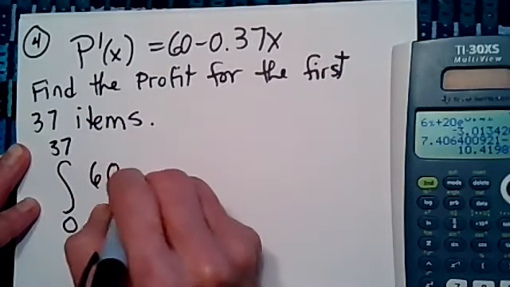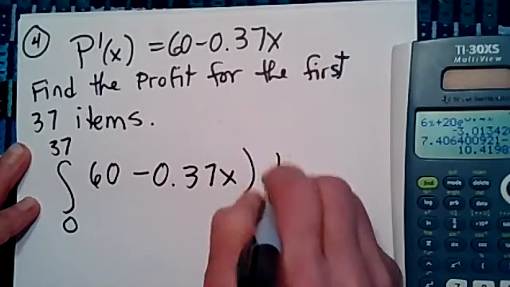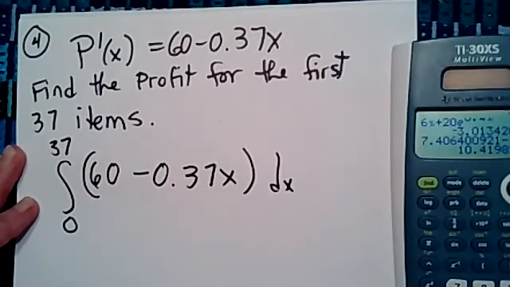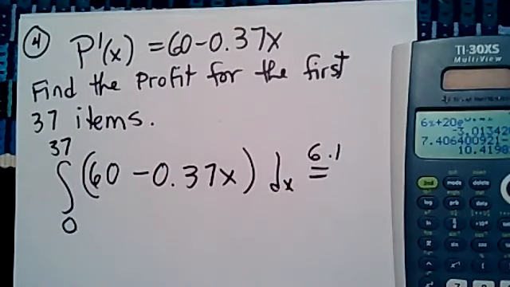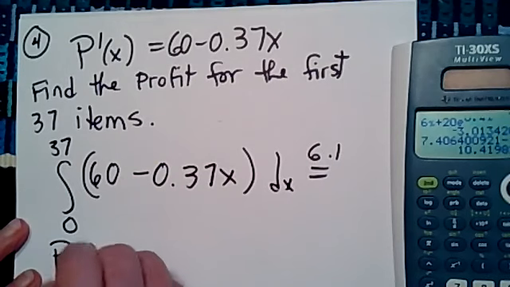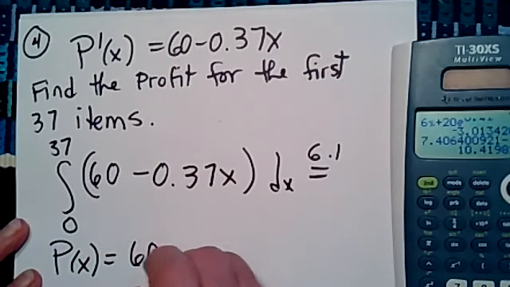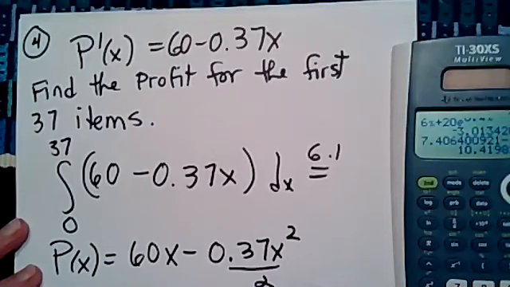So 60 minus 0.37x dx. These are 6.1 rules. We're not using substitution in 6.4 or 6.5, just in 6.3b. So my antiderivative, my profit function, is 60x minus 0.37x squared over 2.